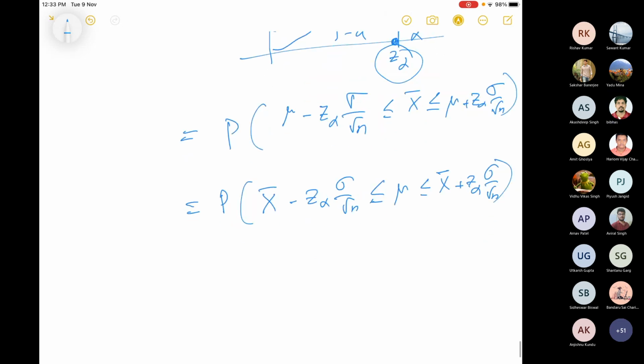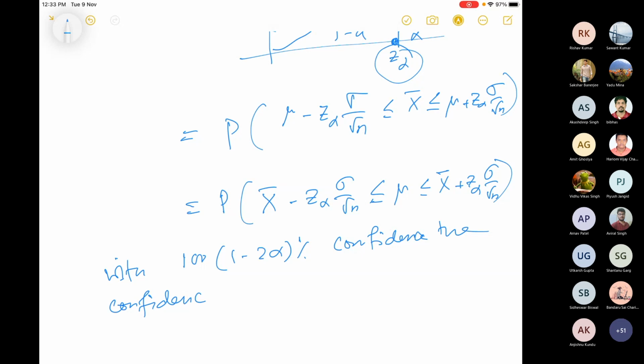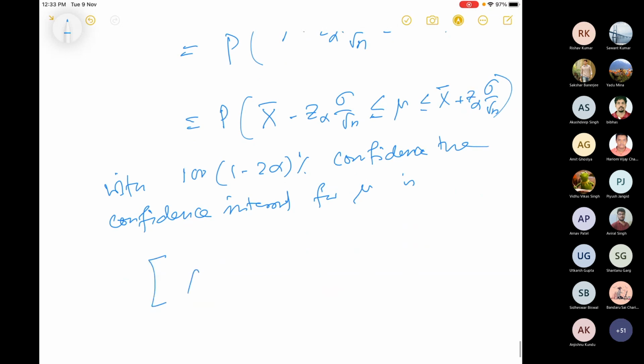So this is my confidence interval, with 100 times 1 minus 2 alpha percent confidence. The confidence interval for mu is X bar minus Z alpha sigma by root n to X bar plus Z alpha sigma by root n.